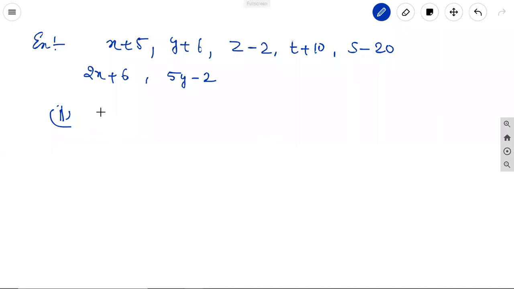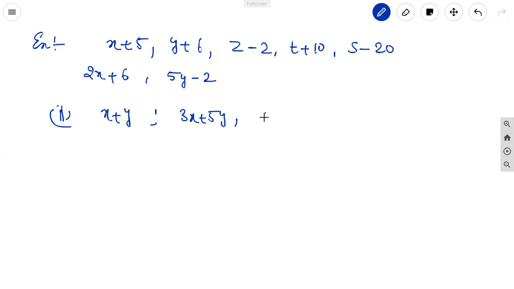Two variables means we can take x plus y, or 3x plus 5y, or 5z minus 9t. These are the two variables. And xy, x squared plus 7y squared. These are also two variables.